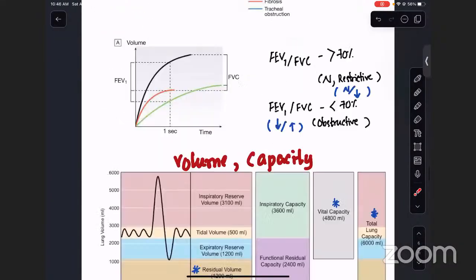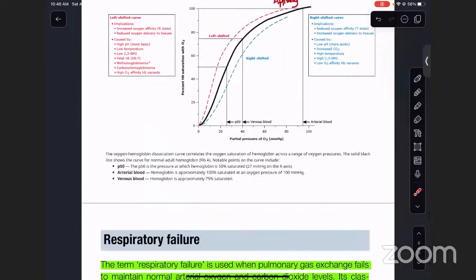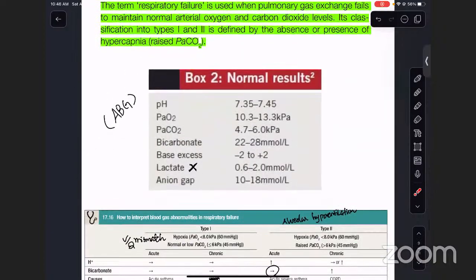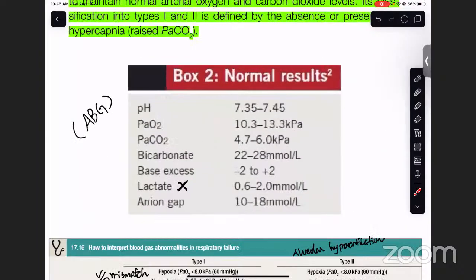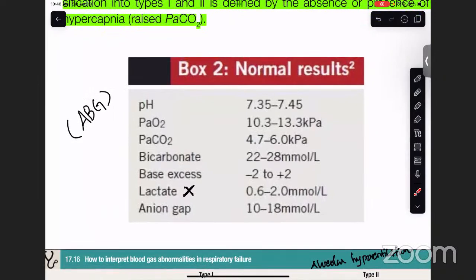So we need to note some conditions and some examples associated with type 1 and type 2 respiratory failure. Also, here are some data you need to note. What is the normal value of arterial blood gas? pH is around 7.35 to 7.45.